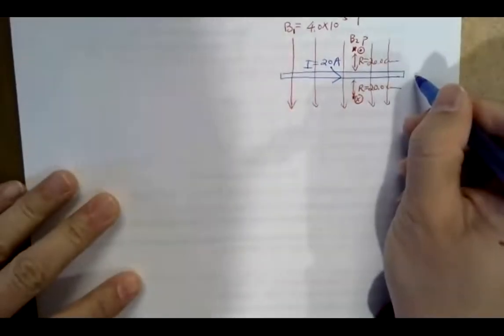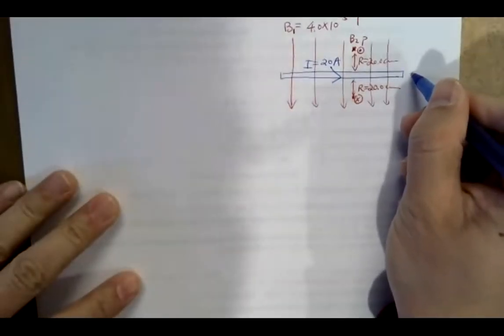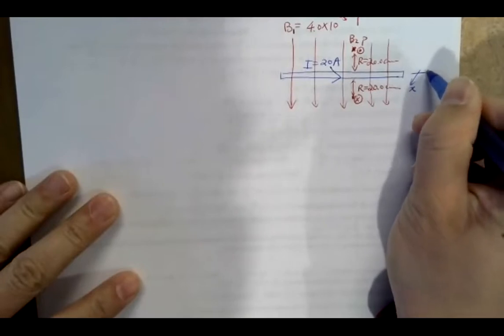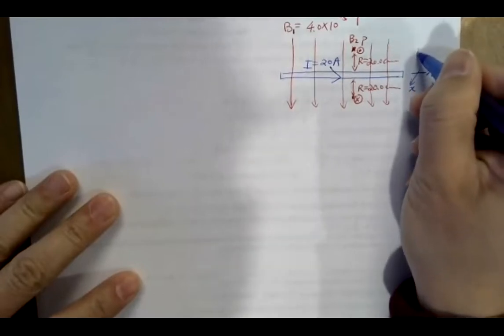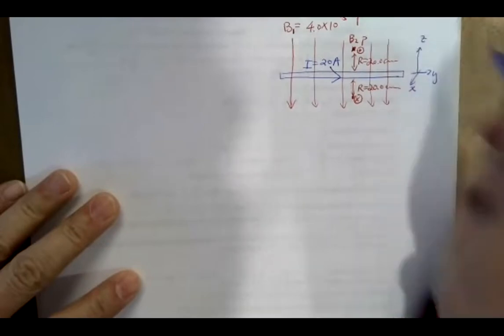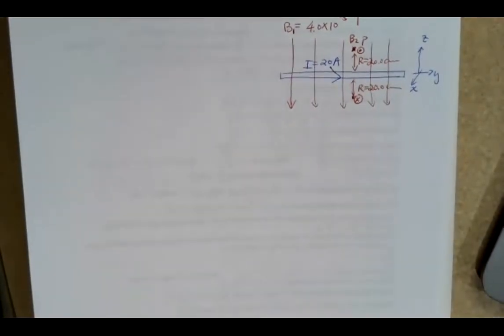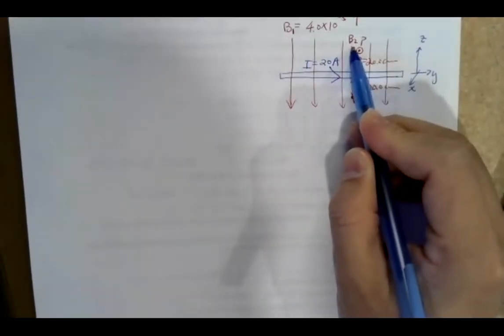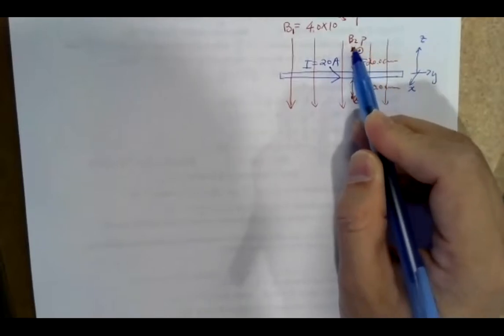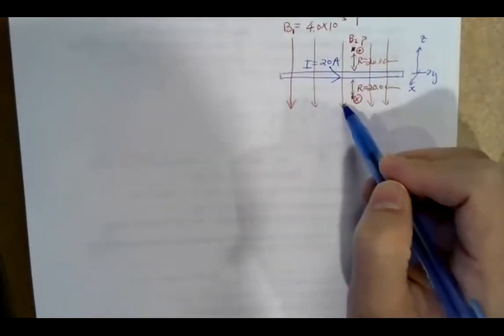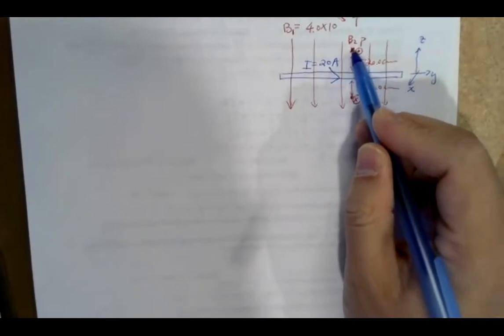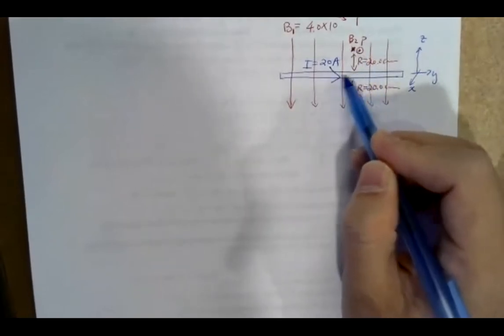Okay. Now it looks like it's going to be a three-dimensional scenario here. So let's put this as X direction, this as Y direction, and then this as Z direction, okay? So the magnetic field at this point is going to be due to the already existing external magnetic field plus the magnetic field produced by the current carrying wire, right?